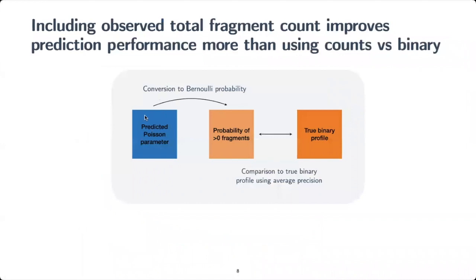So what we did is that we converted the Poisson rate parameter into a Bernoulli probability of observing more than 0 fragments, so 1 or more fragments, which is the typical binarization threshold. And then using this probability matrix, we could compare it to the true binary profile using common classification metrics, and in our case we use the average precision.